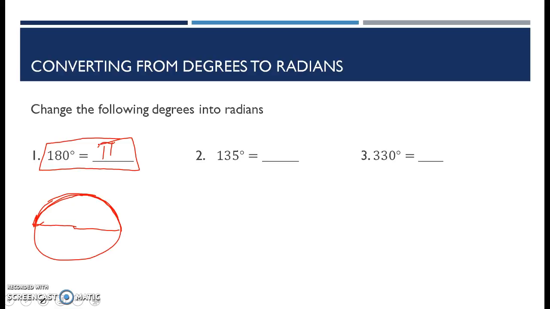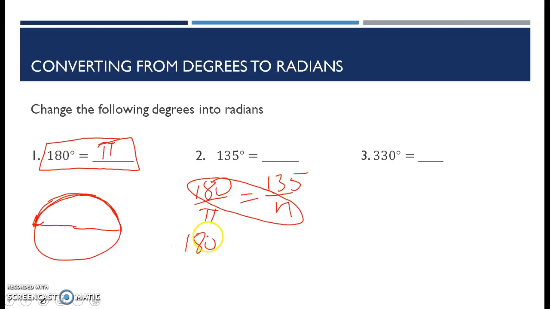If we have 135 degrees, well, if we know that 180 degrees is pi radians, then 135 degrees is how many radians? We can set up a proportion to solve this. If we cross multiply, I'm going to take 180 times n, and that's going to equal 135 times pi, which is the other cross product.